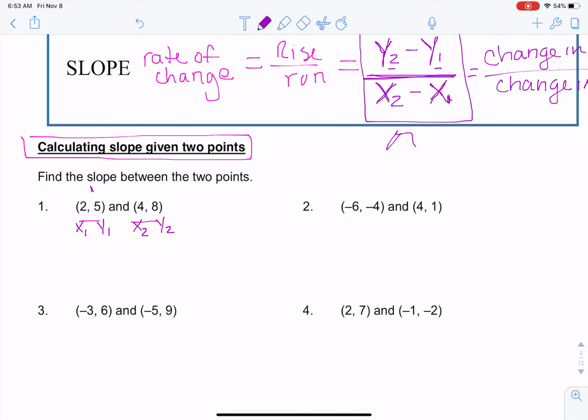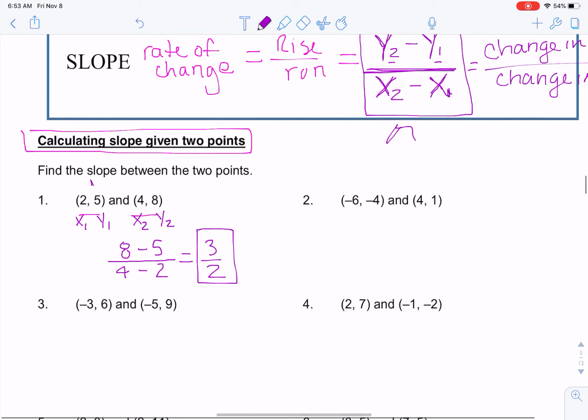So I'm going to take y2, which is 8, minus y1, which is 5. And I'm going to put that over the second x minus the first x. So I just plug those numbers into the formula. Now I'm going to subtract them, and I'm going to get 3 over 2. 3 over 2 can't be simplified, so that's my final answer.